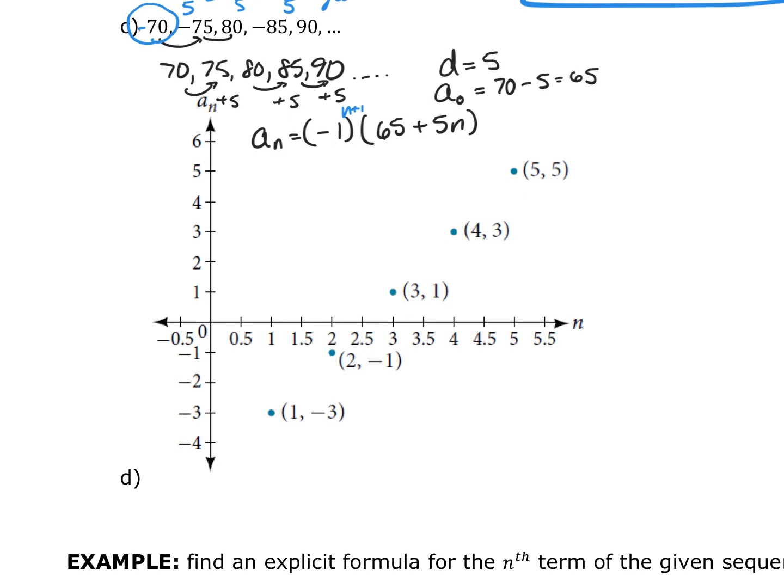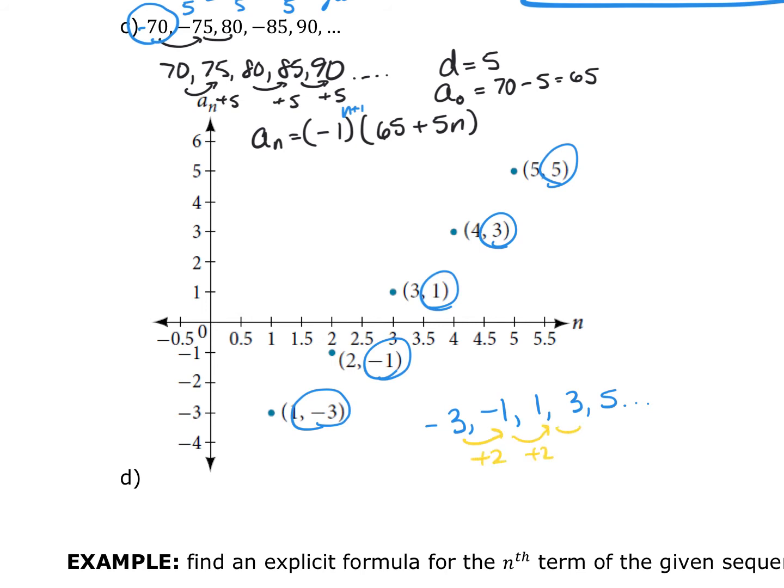Now this is something a little different. Basically, each one of these are my outputs. In fact, my sequence is -3, -1, 1, 3, and 5. So that's actually my sequence. Looking at this, to go from here to here, I must have +2, +2, +2, and +2.